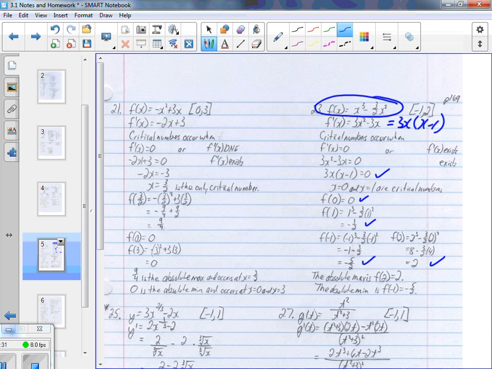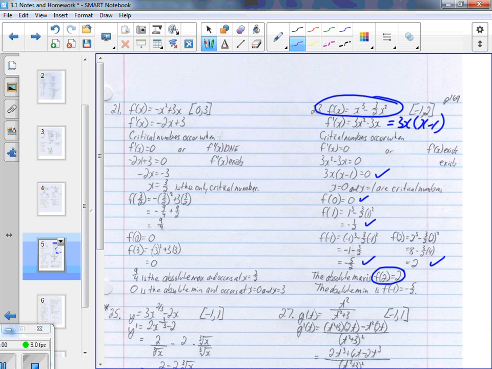Now, there are different ways of writing what your extreme values are. And I won't always do it this way, but this is really my favorite way. To say the absolute max is f of 2, which equals 2. I like doing it that way because it tells the grader everything they could possibly want to know.